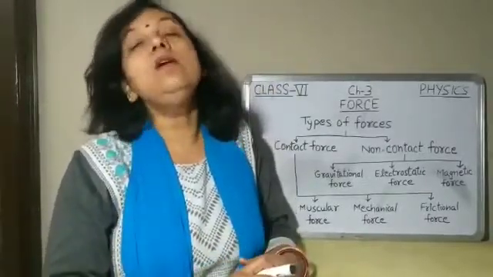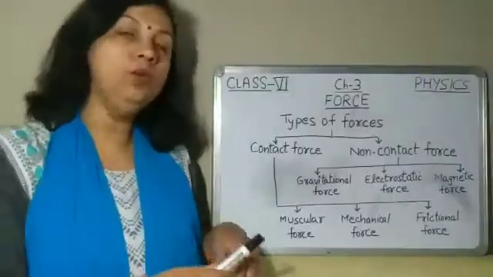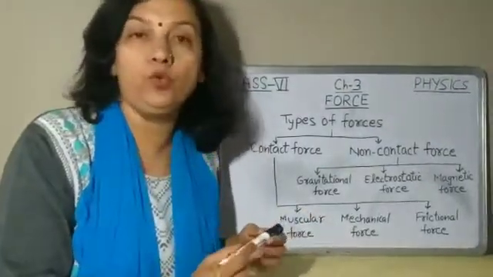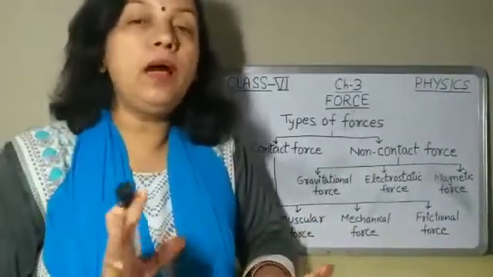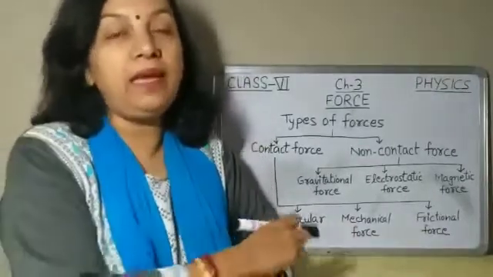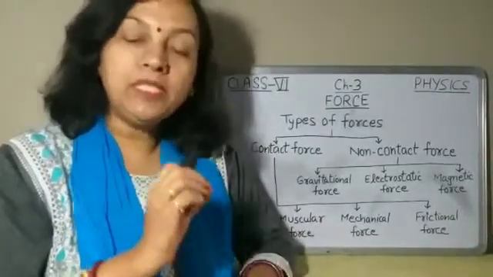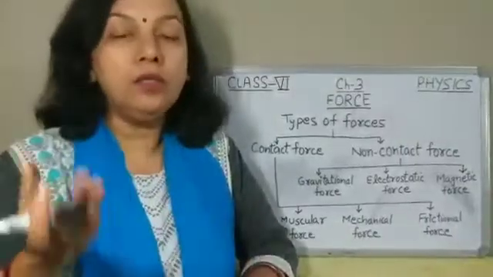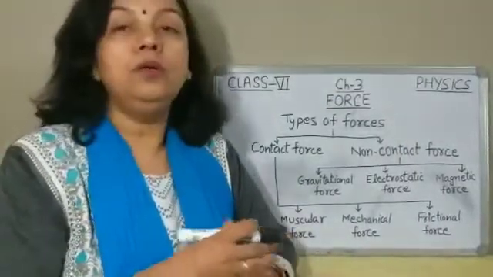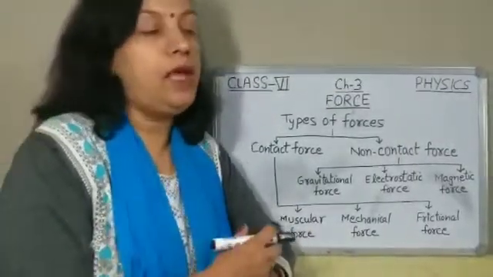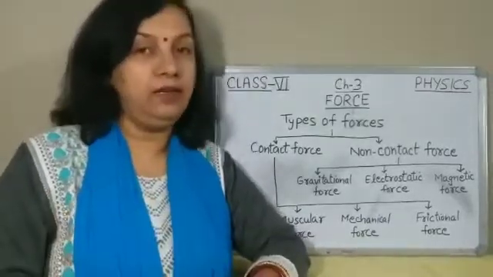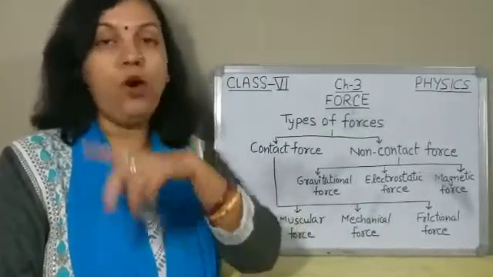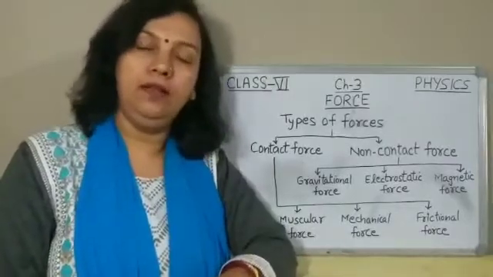Muscular force is a contact force. Now the second one is mechanical force. The force exerted by a machine is known as mechanical force. Machines depend on other sources to get energy. For example, a car gets energy by burning of petrol or diesel.